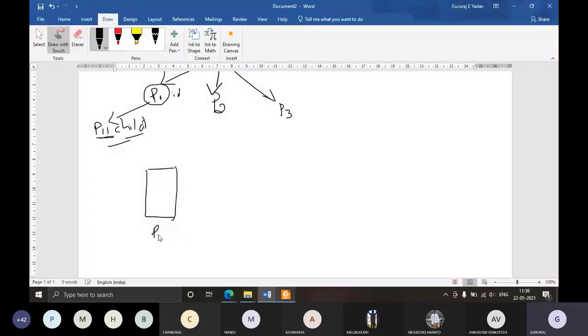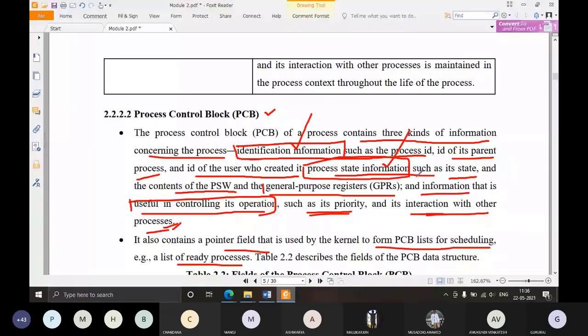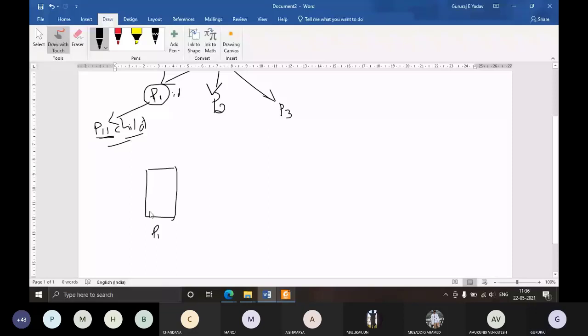It contains the identification information first, then the process state information, and then the information for its operation. After all these three, it also contains a pointer field, which I'll call PTR.